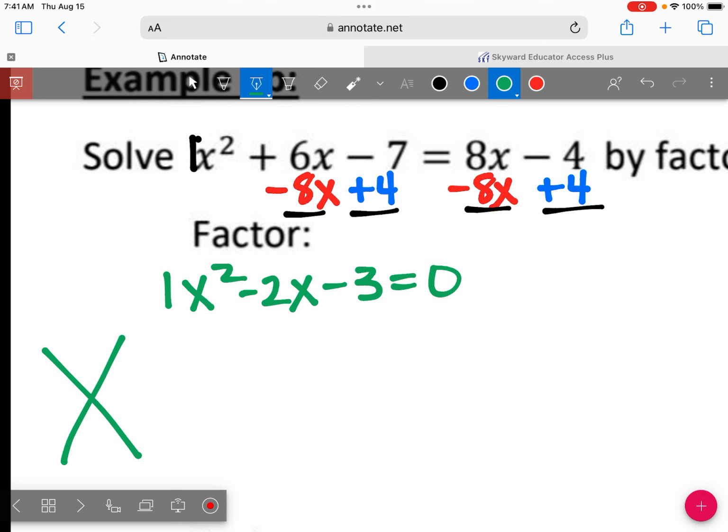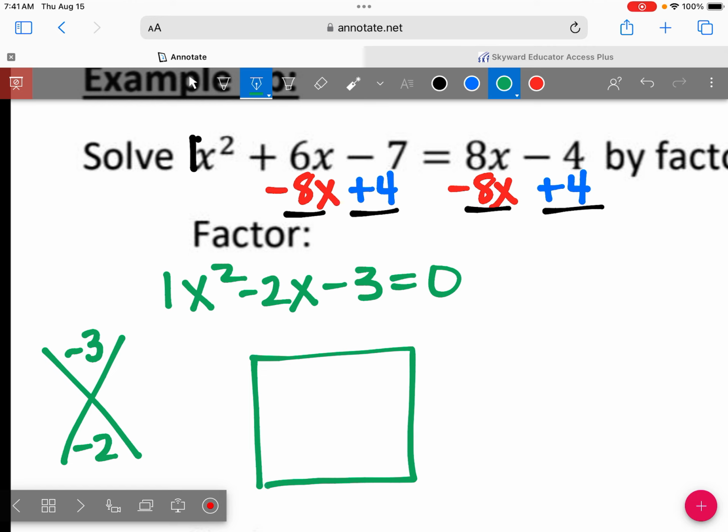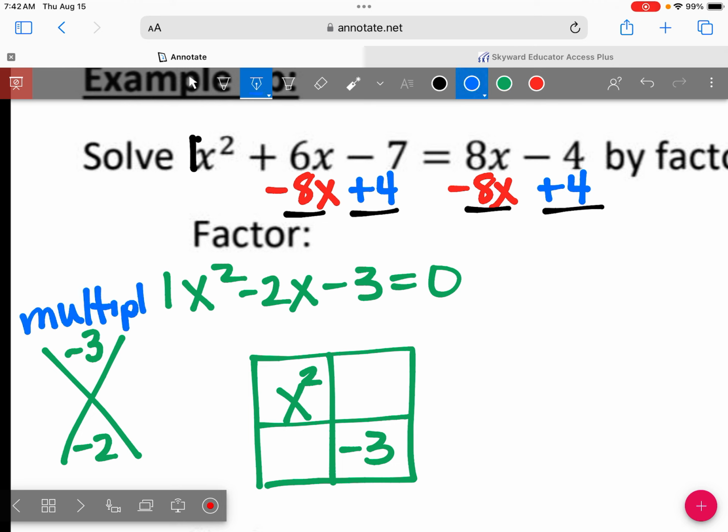So let's go ahead and make our x. Negative 3 goes on the top. Negative 2 goes on the bottom. We're going to factor this out. Go ahead, find your two numbers that multiply to negative 3 and add to negative 2.